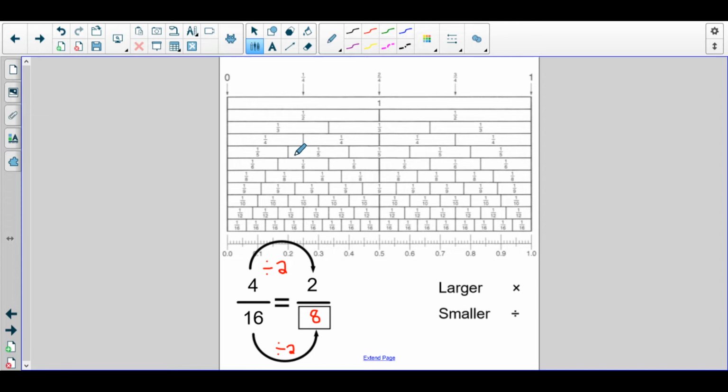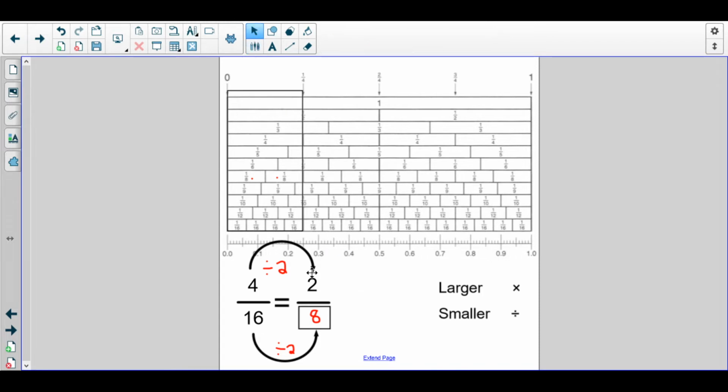So is 4 sixteenths equivalent to 2 eighths? Well, let's see here. There's 1, 2, 3, and 4 sixteenths. And come all the way up here, and we'll see what we have. And here's the eighths. There's 1 and there's 2. So that is right.